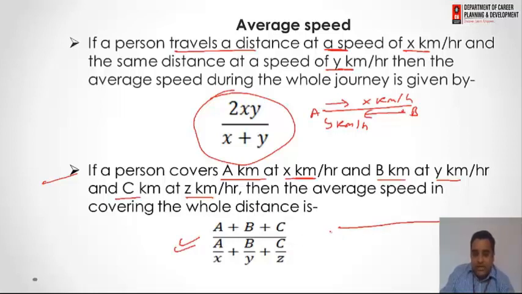If we have a question like this, where a person travels three different distances, A kilometers at x, B kilometers at y, and C kilometers at z kilometers per hour, just put the values of these variables in this equation to get the average speed of the whole journey.